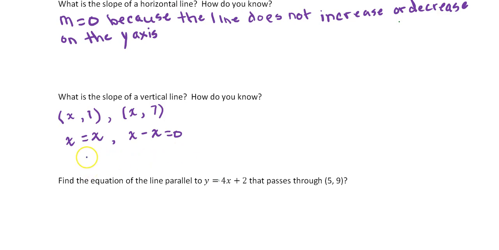In my slope formula, I have y1 minus y2 all over x1 minus x2. Well, that would be this piece here, which means I'm going to have y1 minus y2 all over 0. And we all know that we cannot divide by 0.